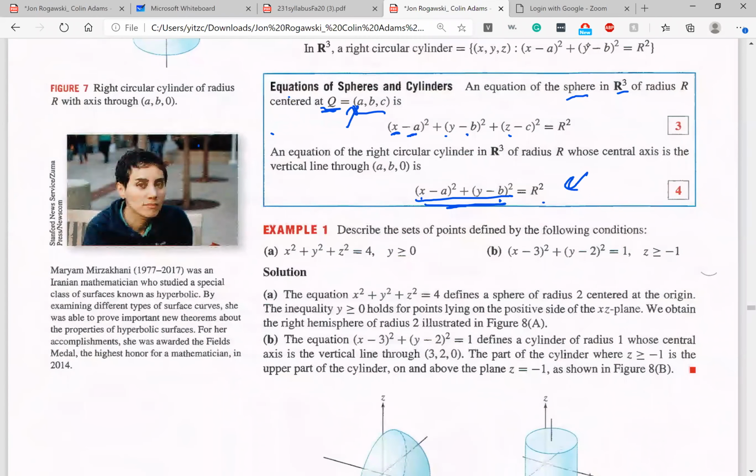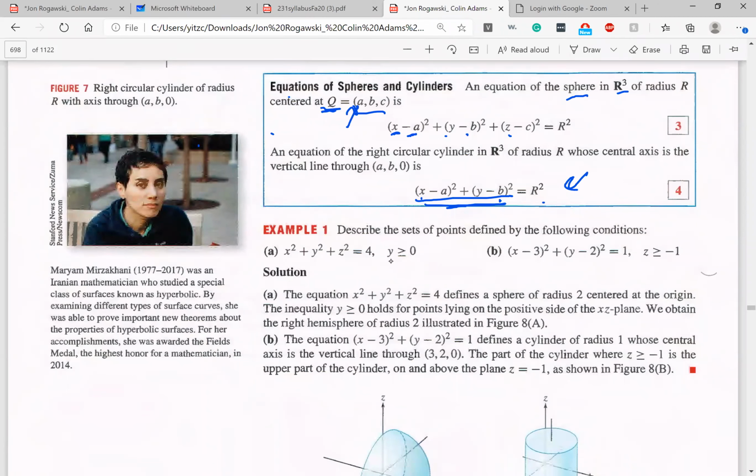First they want us to describe the set of points defined by the following conditions. The first condition is x squared plus y squared plus z squared is equal to 4. We already know that this equation alone gives us a sphere with radius 2 centered at the origin, because for A, B, and C you have 0, 0, and 0.